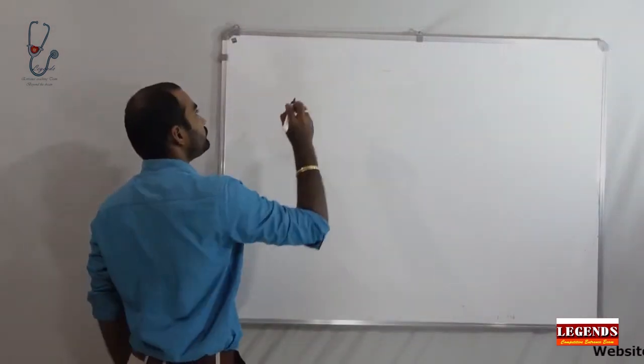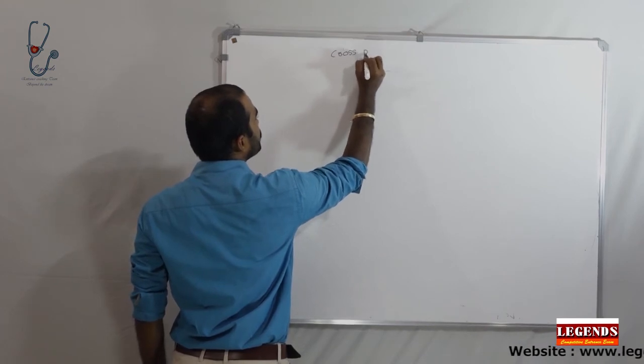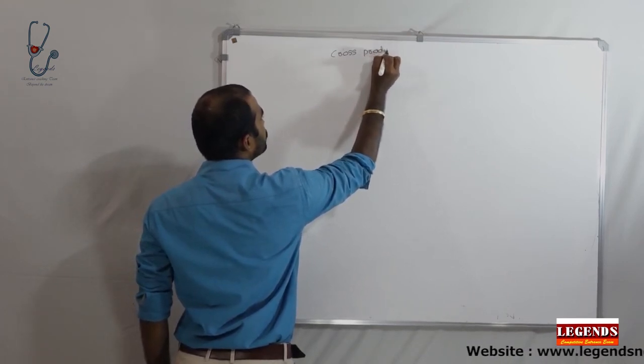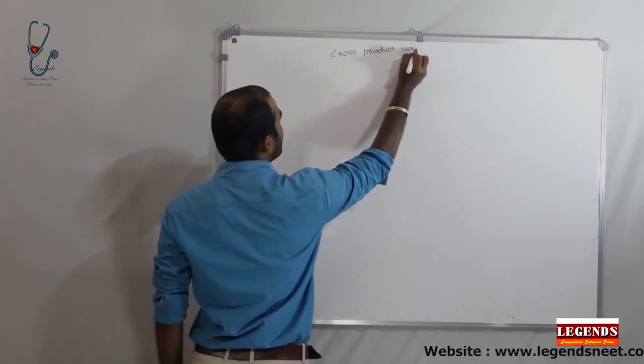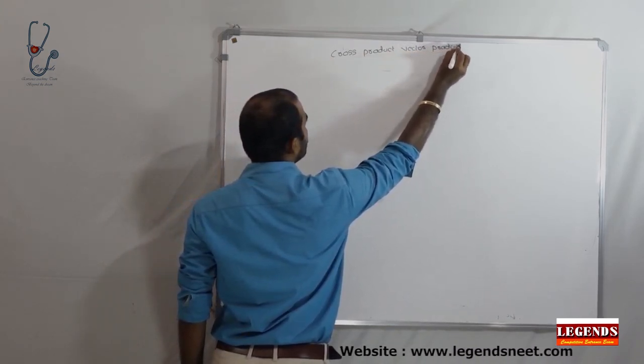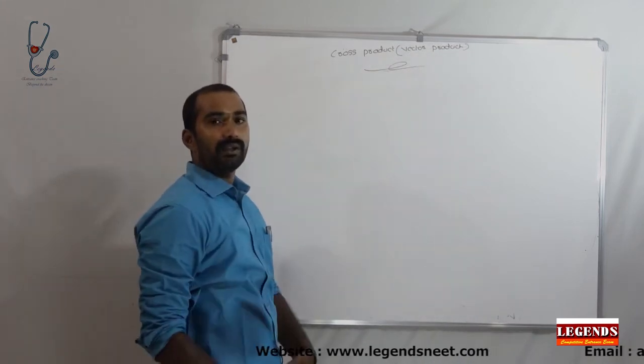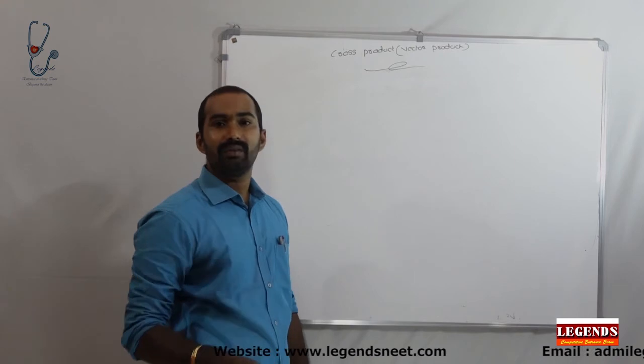Okay. Next one is the cross product. The cross product is otherwise known as the vector product, because if we find the cross product of any two vectors, the resulting answer is always a vector.